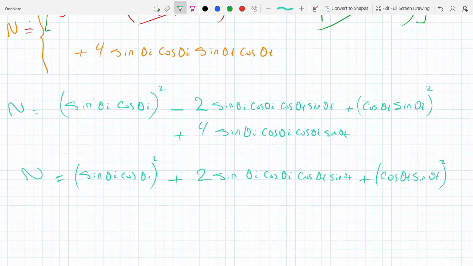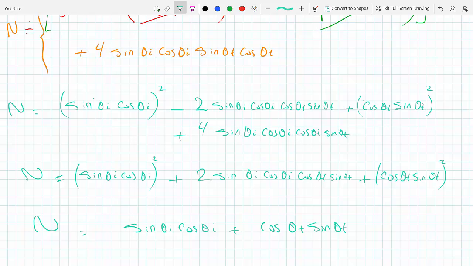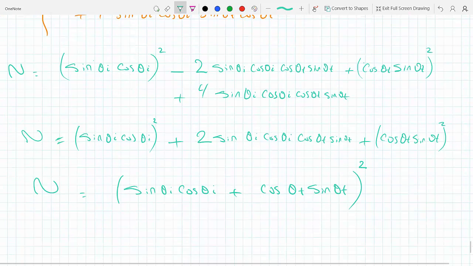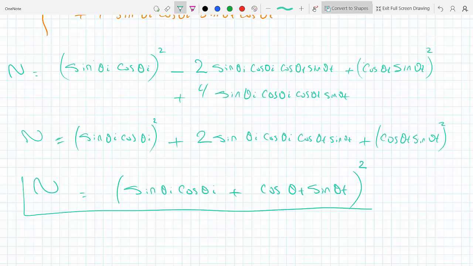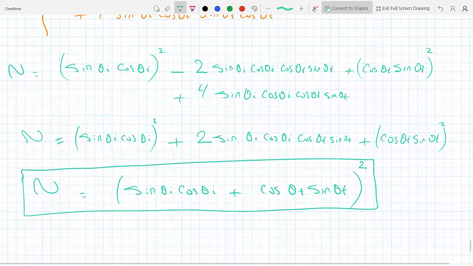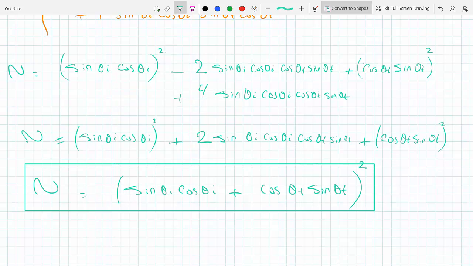So I could factor this back into sine theta I cosine theta I plus cosine theta t sine theta t all squared. Okay, so this is the numerator. This is, I think, as concise as we can get.